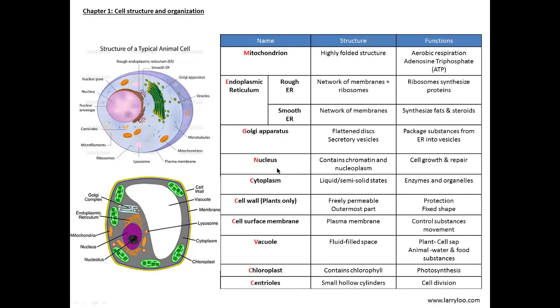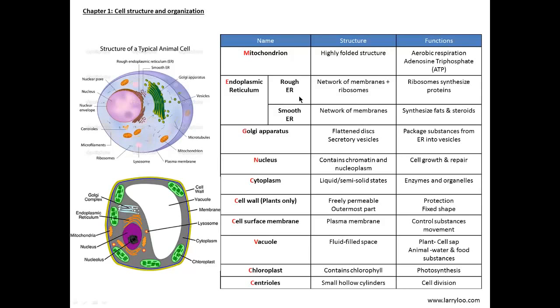We have it here as mitochondria. Mitochondria contain cristae, which are a highly folded structure, and their main function is in aerobic respiration. The energy currency of the cell is known as adenosine triphosphate, or rather ATP. Endoplasmic reticulum can be divided into two kinds, rough ER and smooth ER.